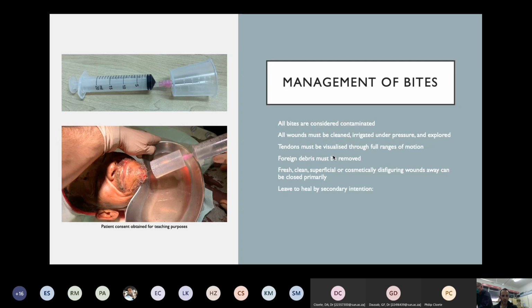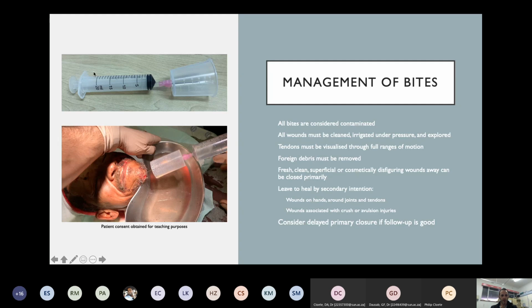Otherwise, you'd leave a dog bite or a cat bite or a human bite to heal by secondary intention if the wounds are on the hands, around joints, or involving tendons, or if the wounds are associated with crush or avulsion injuries, or any other wounds that you're afraid to suture primarily. You can consider delayed primary closure if follow-up is good. Delayed primary closure just refers to closing that wound 2 to 3 days down the line to assess if any infection has occurred and to assess wound healing.